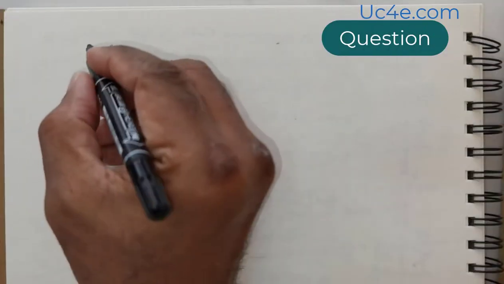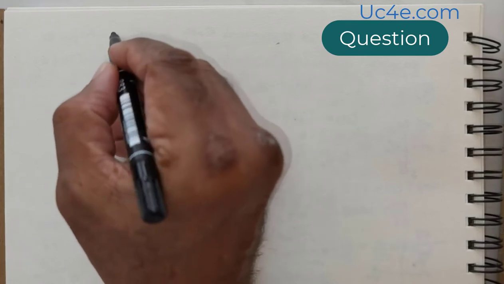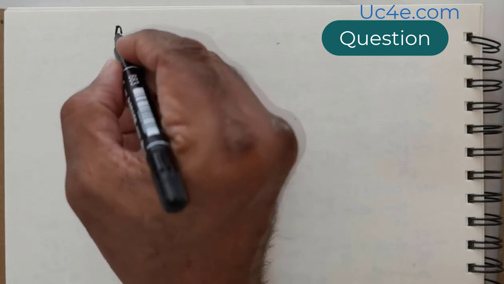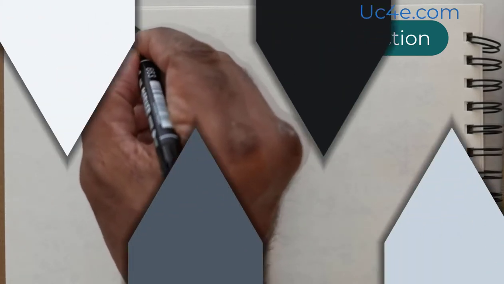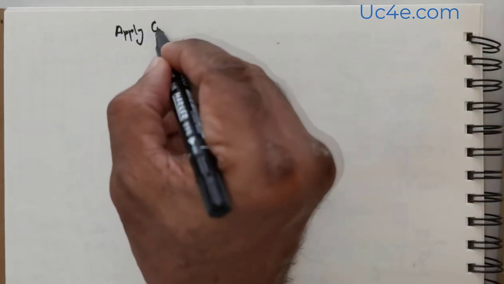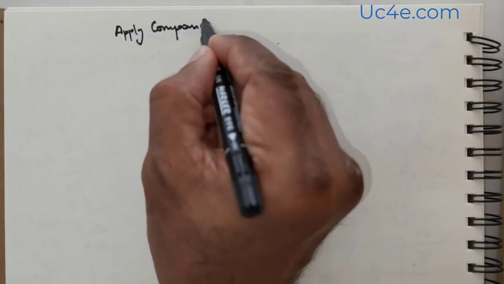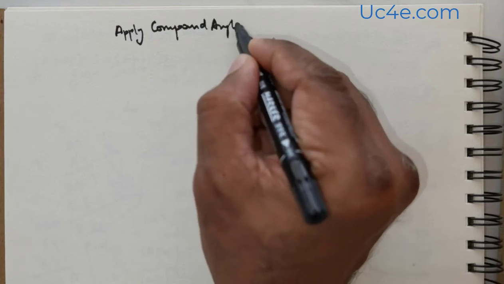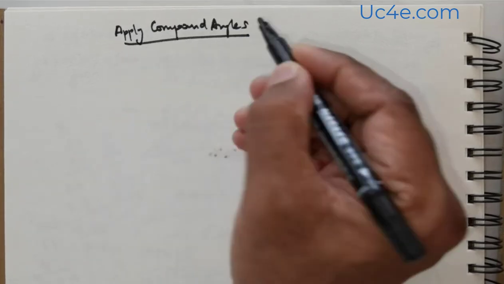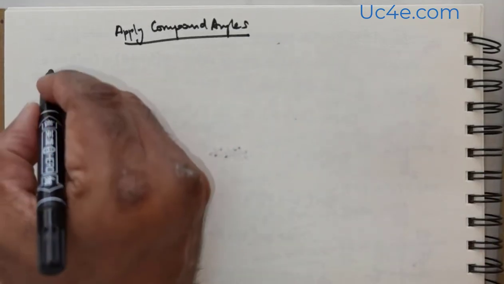Let's do this question, students. This question uses the concept of compound angles. So we will be applying compound angles, which I've already explained to you in the previous class. So the question is as follows.